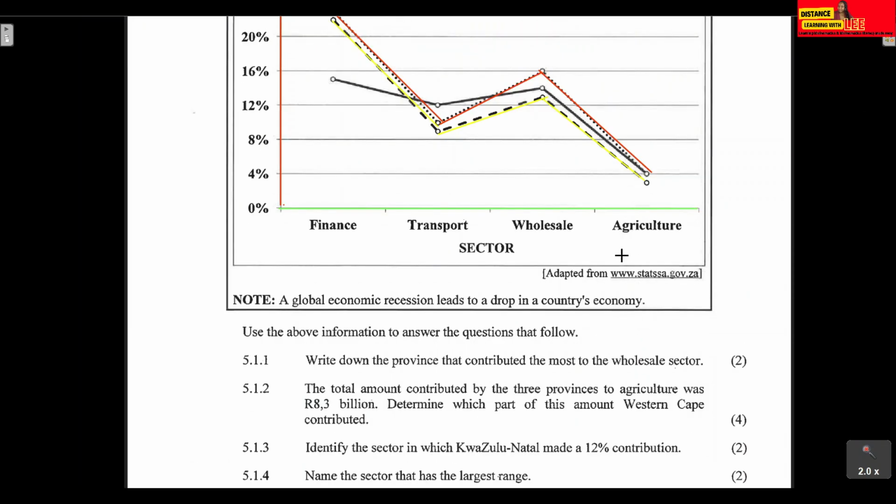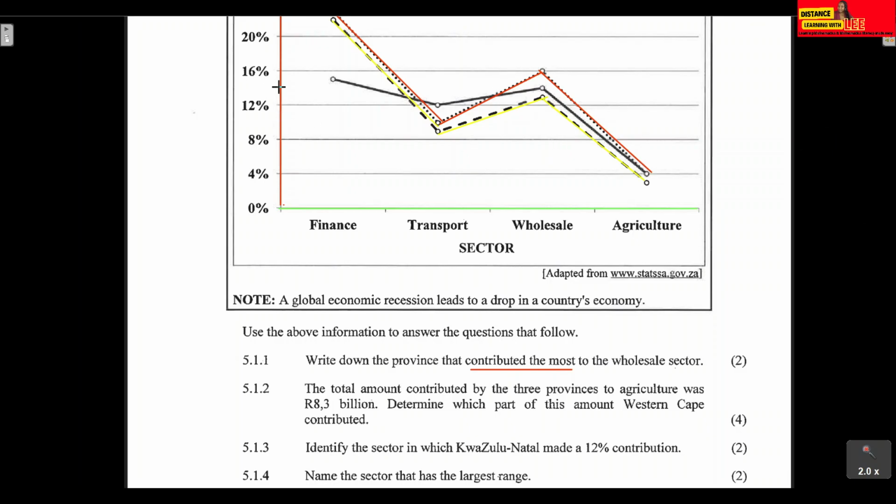So we're going to go to the wholesale sector. The wholesale sector is here, and we're going to see which province is the highest in this sector, because the province that has the highest percentage is the province that contributed the most.